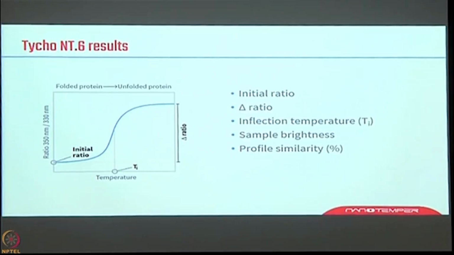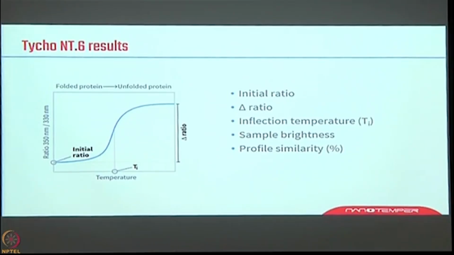The results that Tycho is going to give are the initial ratio, which gives you the purity of the protein, whether it is denatured or not, and the delta ratio, which is the ratio from the folded to the unfolded region.